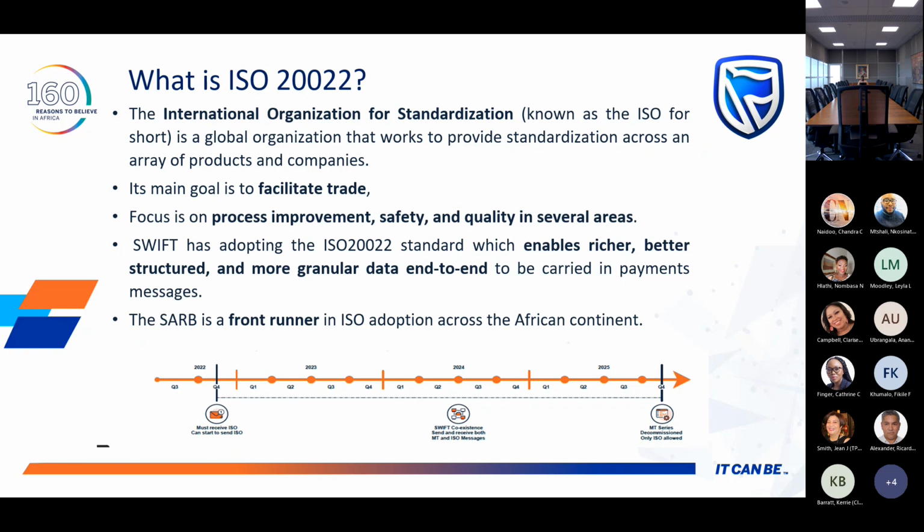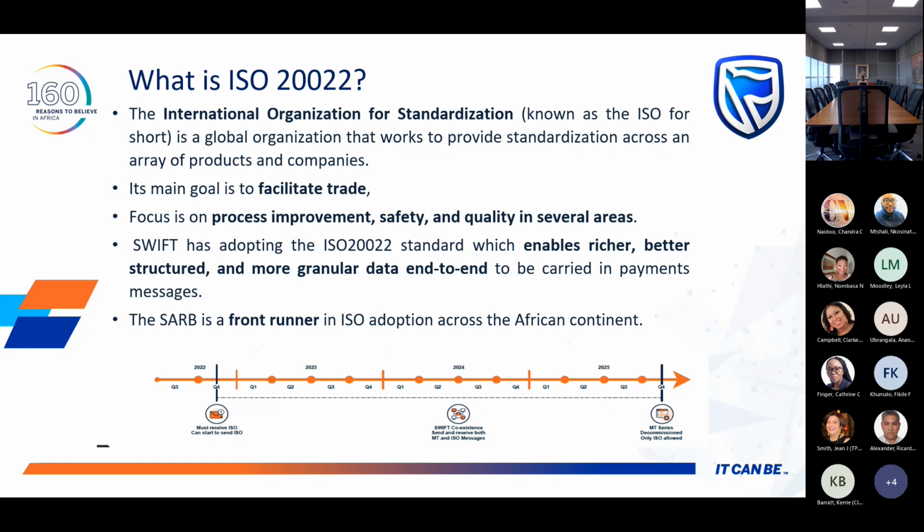It does also mean that as we get the message bigger and better, there will be additional information that is now required by our customers who are now sending instructions using these message types. And therefore, there is enrichment that will be required in terms of data and information provided to complete this type of transaction going forward.